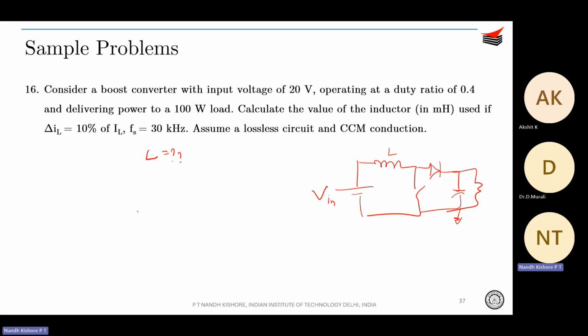You know this is your L. So when the switch is turned on, you know that VL is equal to L di over dt, or VL is equal to V in is L into delta IL divided by DTs. So from this you can calculate that L is equal to V in into D divided by delta IL into Fs. So V in is known, D is known, delta IL is also known, and frequency is known. You get what is L, right?